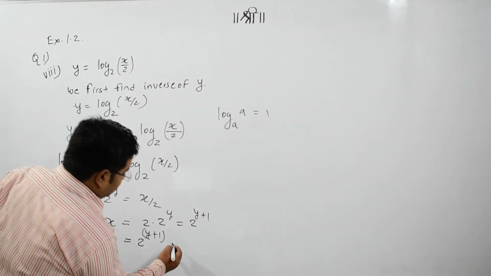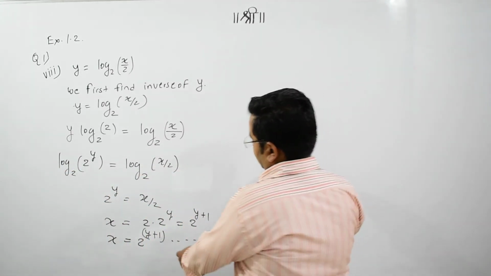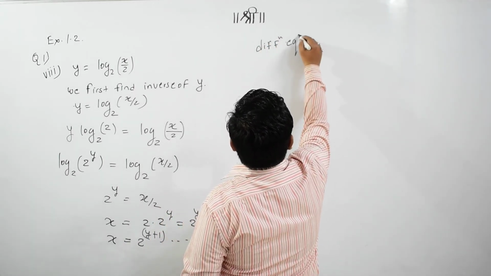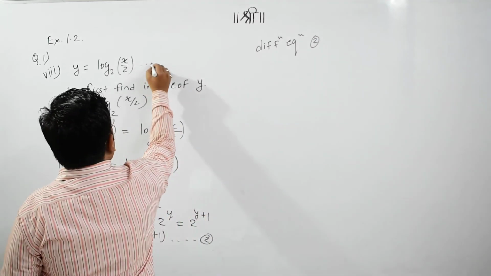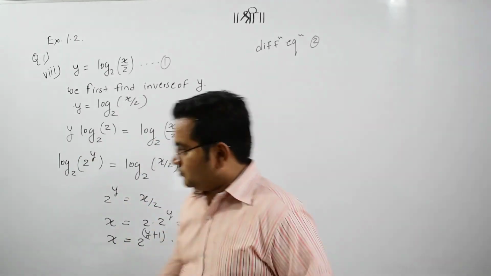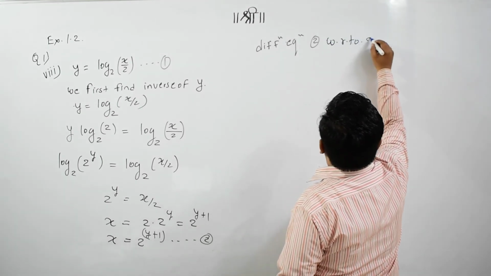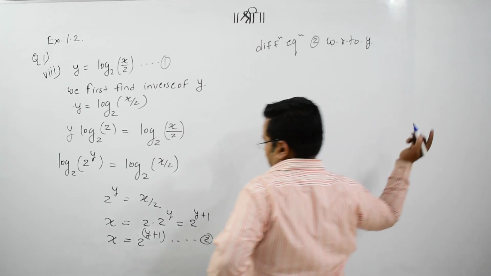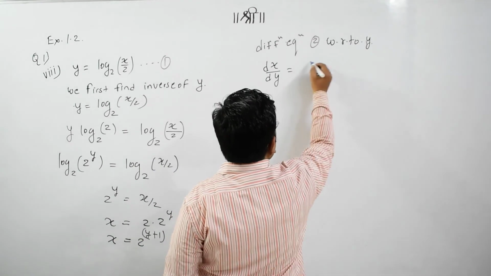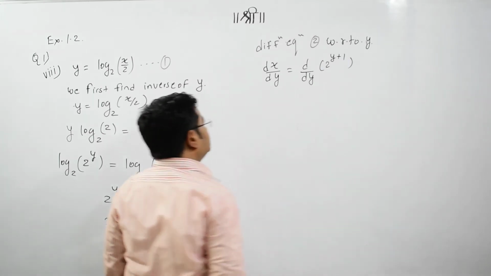Now differentiating this equation number 2, with respect to y. This is equation 1. What you will get? dx upon dy is equal to d upon dy of 2 raised to y plus 1.